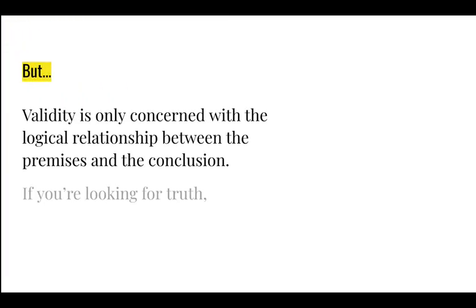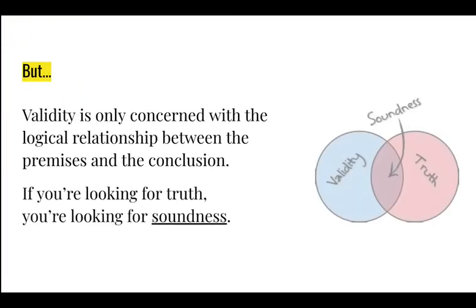So let's return now to the matter of distinguishing truth and validity. If I want to summarize everything we've said so far, validity is only concerned with the logical relationship between the premises and the conclusion.